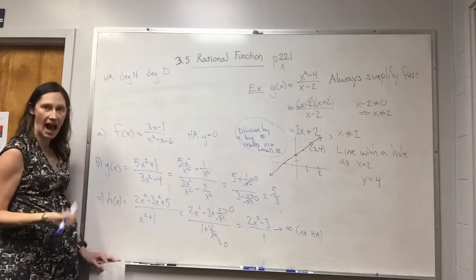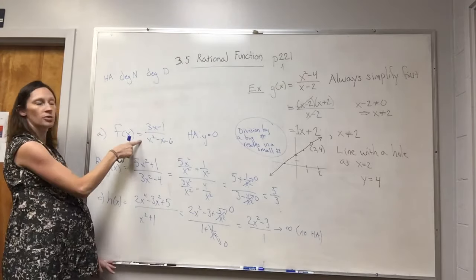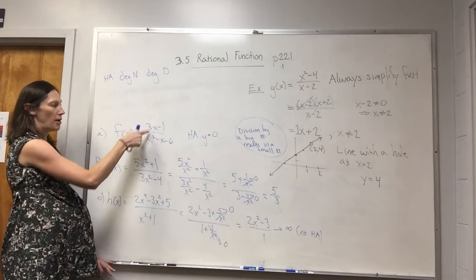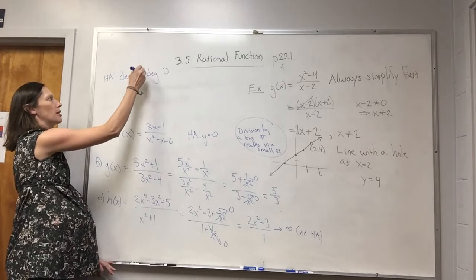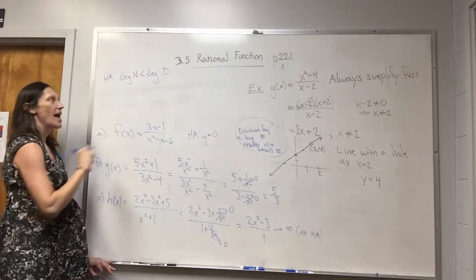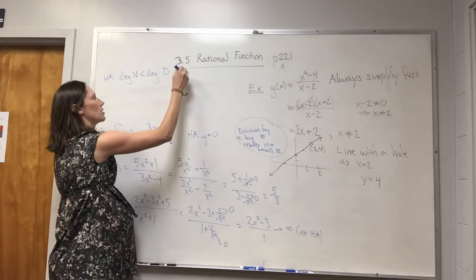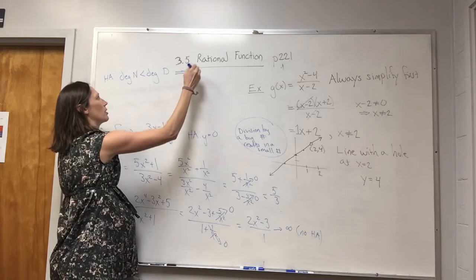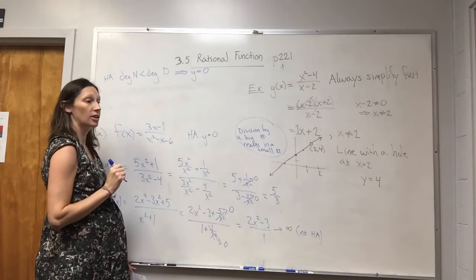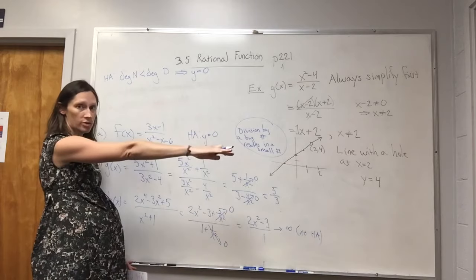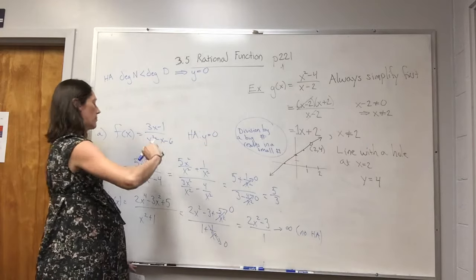Remember, degree was the highest power of x. So in this case, which power of x is higher? The bottom. So I'm in the case where the denominator degree is bigger, and my end result was a horizontal asymptote at 0. So my graph is going to get real close to the horizontal line y equals 0.